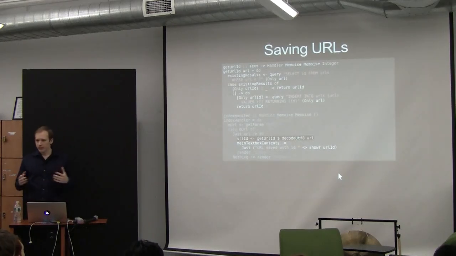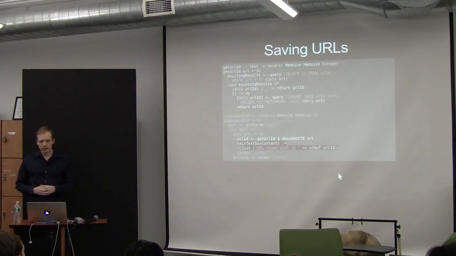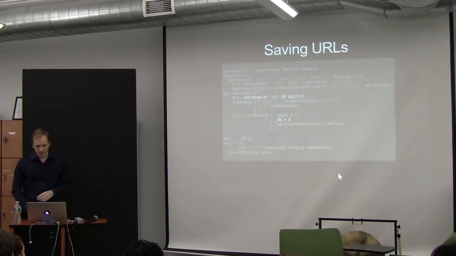Now, yet again, we're going to change how our index page works. So instead of simply giving you some canned text, it's going to save your URL using the getURLID function. And then it's going to put that in our feedback dialog box. And then we're going to get a little piece of text there that tells us the ID.